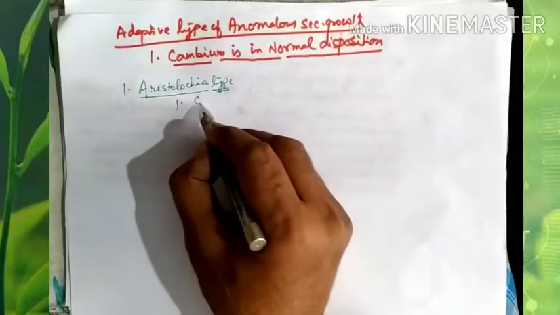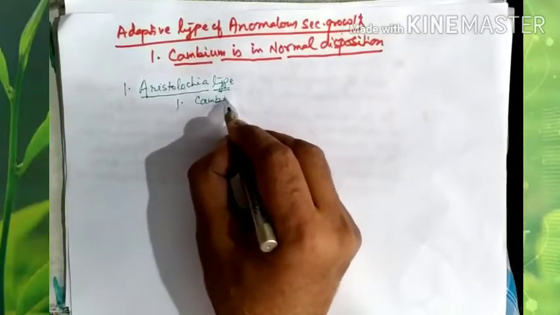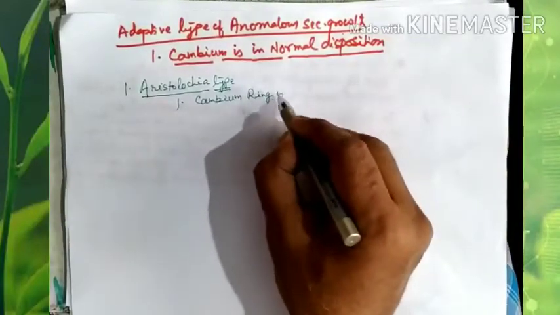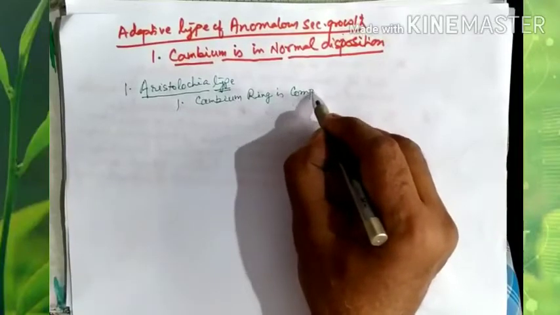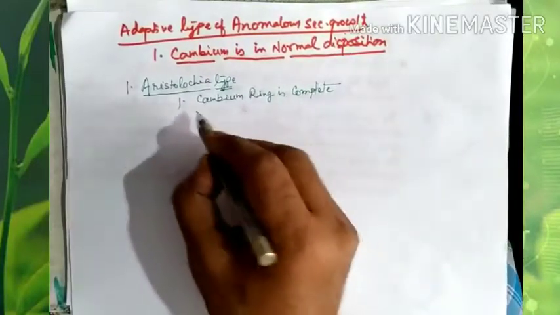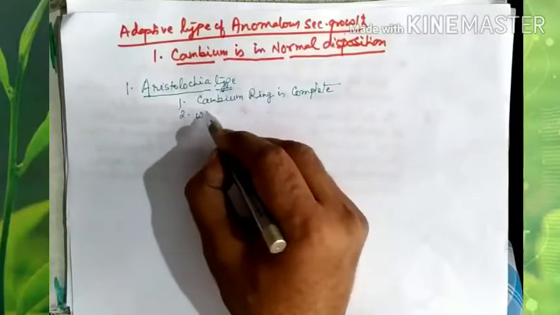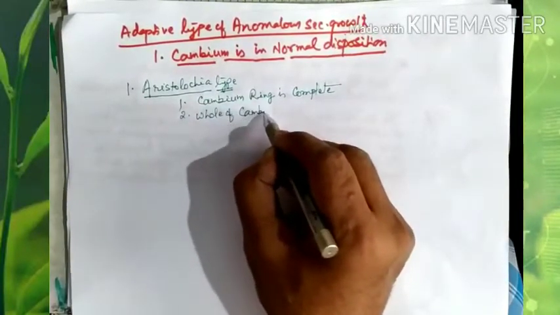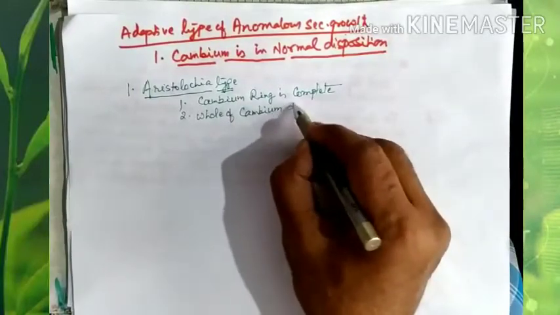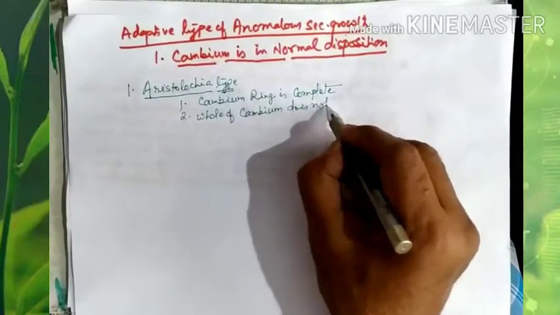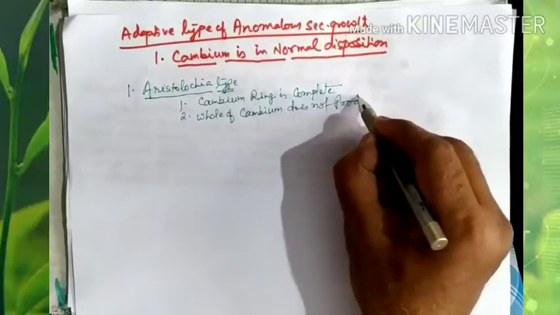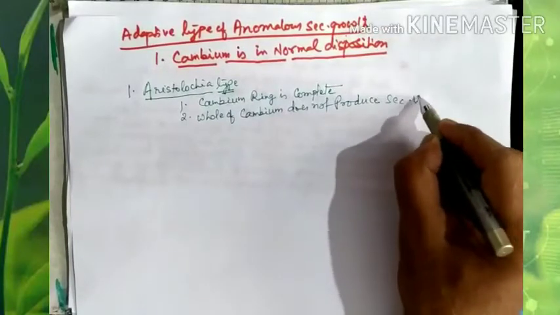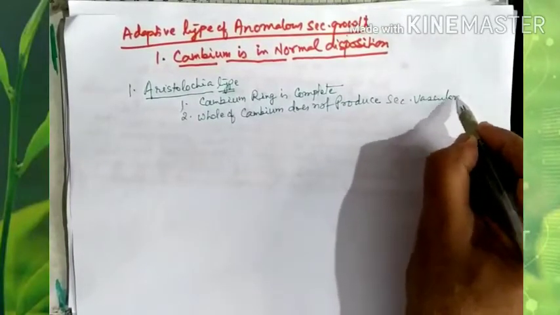First, cambium ring is complete. Second, whole of cambium does not produce secondary vascular tissue.